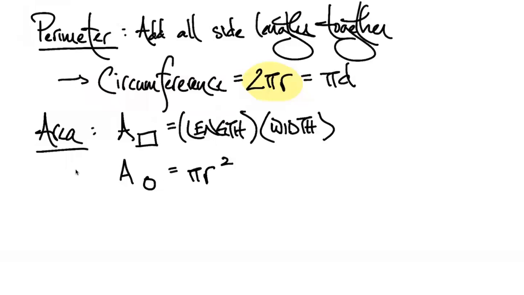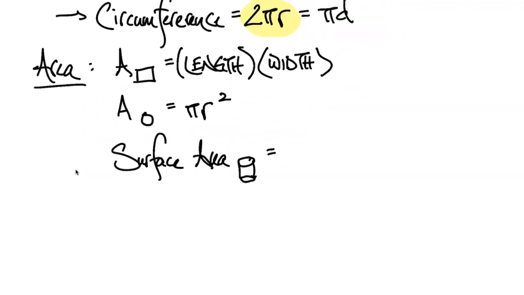And let's do one more area. This one in particular, let's call this surface area of a cylinder. Anyone happen to know this formula?